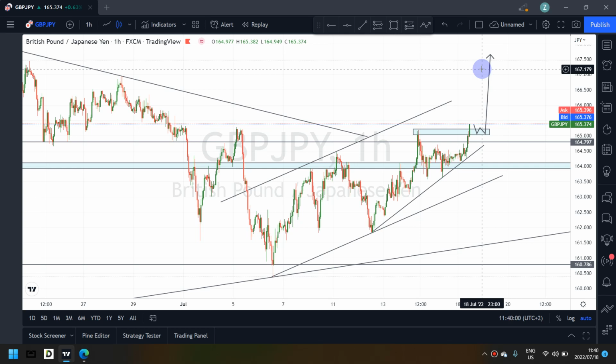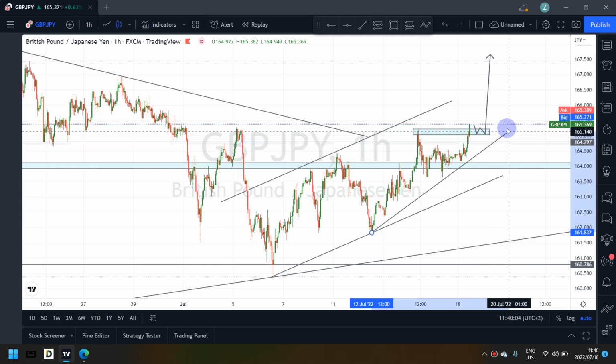So this is the setup that I have for this GBPJPY pair. So keep in mind, the overall direction is a buy.